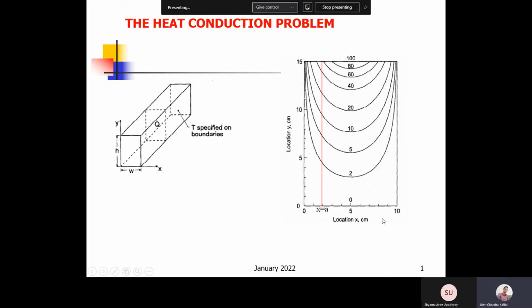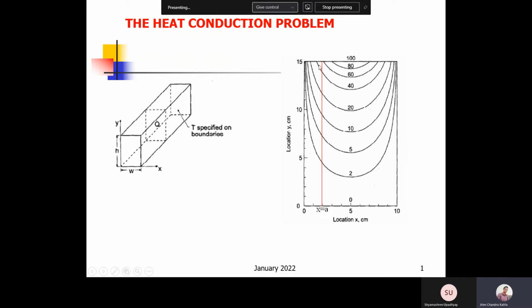Now what is going to happen? After a while, the temperature inside this plate, earlier we had taken a metallic bar, but since we have taken a cross section, this has become a metallic plate. Inside this plate, the temperature is going to settle down, and let me tell you that the temperature distribution is going to look like this.